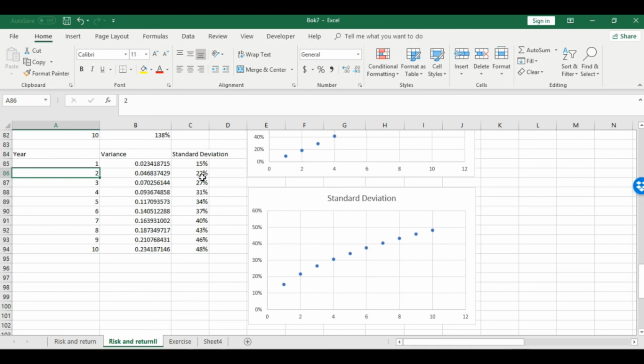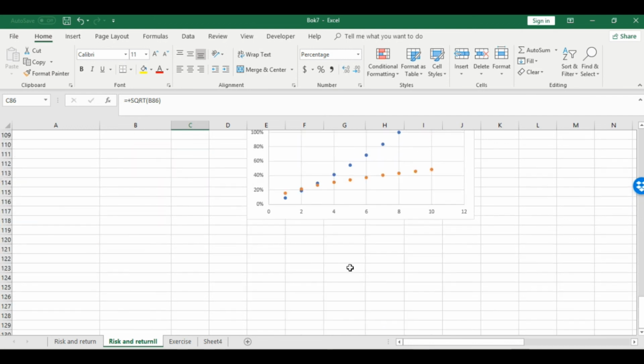And standard deviation is the square root of variance. So 2 year standard deviation is equal to 1 year standard deviation multiplied by the square root of 2, thus making the standard deviation move slower over the time horizon. As mentioned in one of the previous videos, standard deviation is what most analysts use for measuring risk.